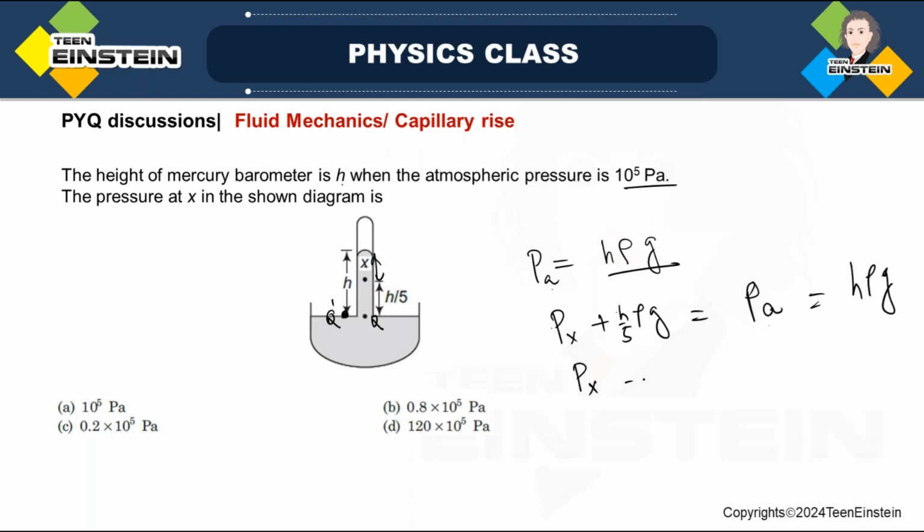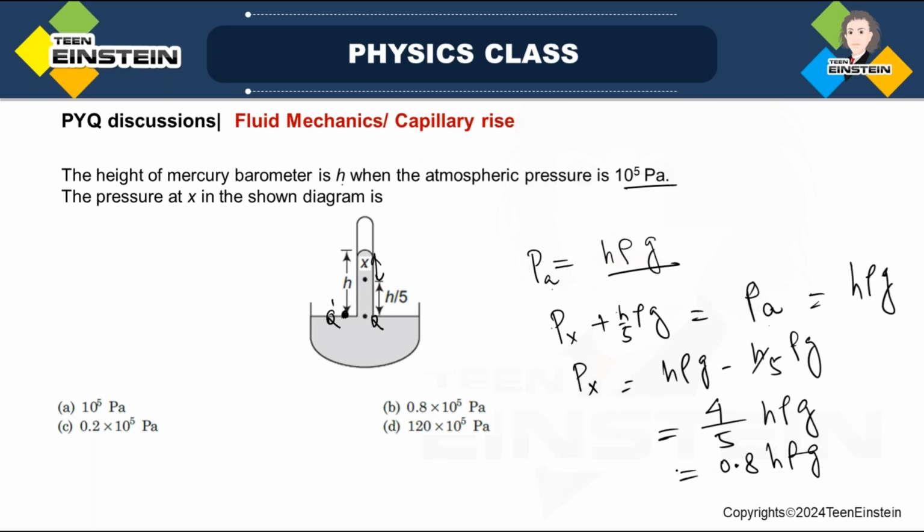So Px will be H rho G minus H by 5 rho G. This is actually 4 by 5 H rho G, so this will be 0.8 H rho G. Now we have to find out H rho G. Atmospheric pressure was given actually; H rho G is 10 to the power 5.